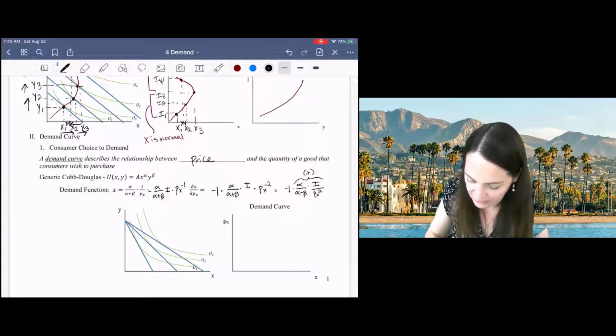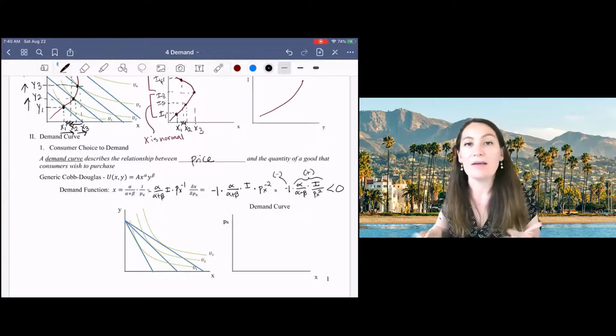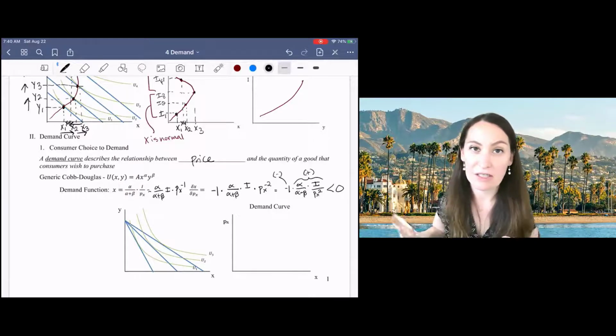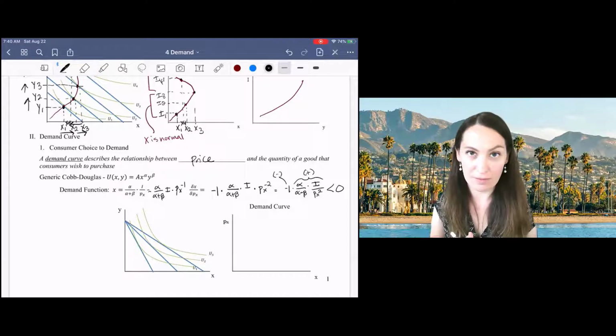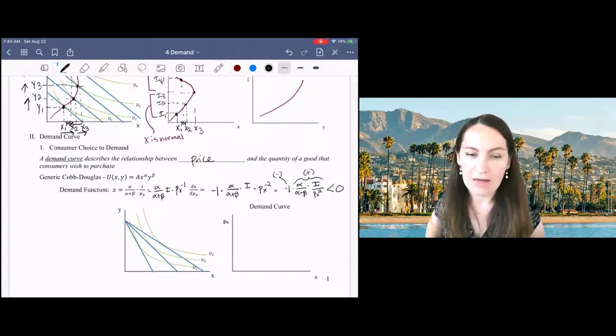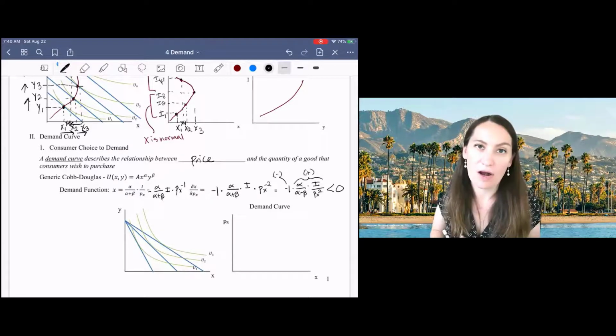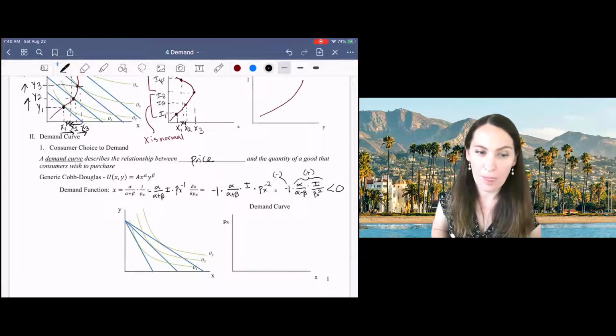And then I've got this -1, which of course is negative. So this is all going to be less than 0, telling me that I have an inverse relationship between price and consumption, which you knew already because demand is downward sloping, right? When the price goes up, you are going to buy less.